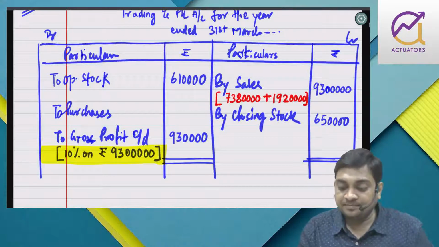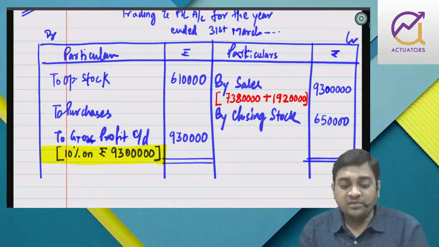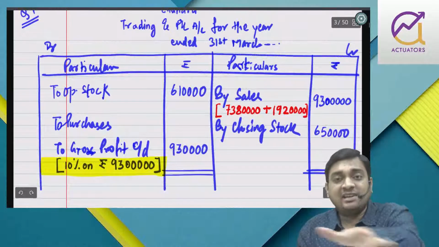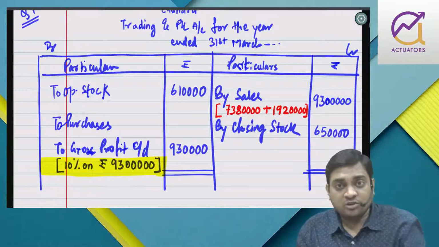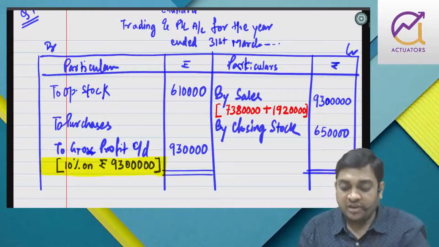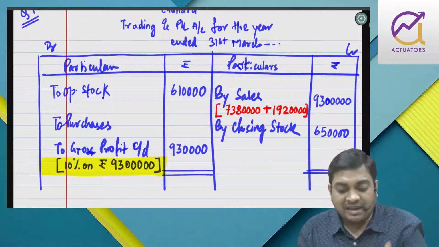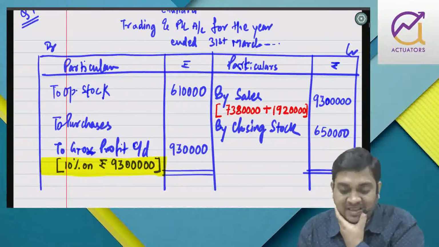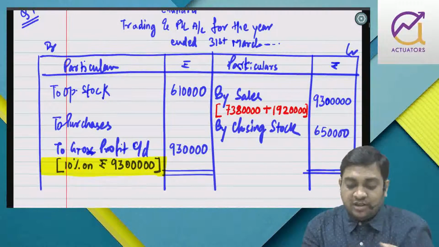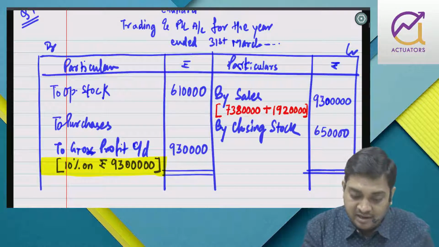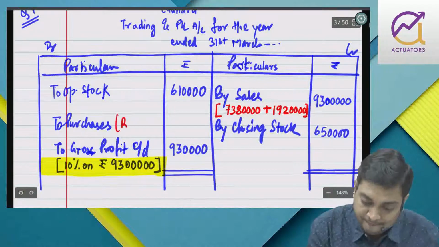Is that fine? So last problem which we did in that purchase and sale, we calculated by preparing debtor creditor. We wrote the gross profit, we got closing stock as balancing figure. So here purchase cannot be calculated because closing creditor is missing. So I got the sales, I got the gross profit. Now one missing figure can be calculated from trading account. So this is the balancing figure.